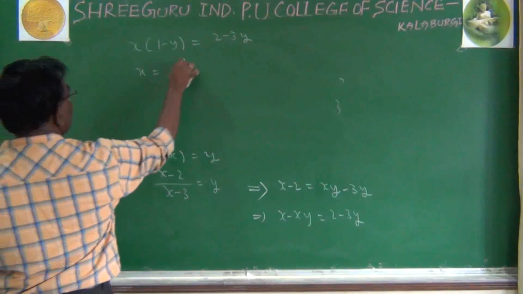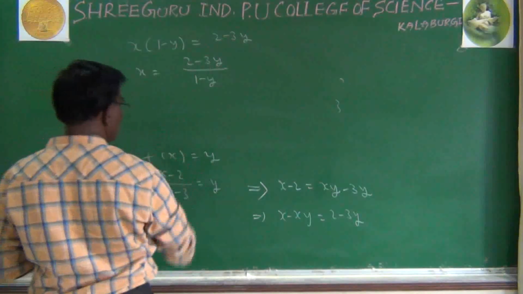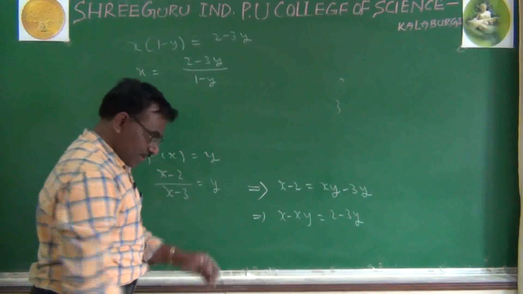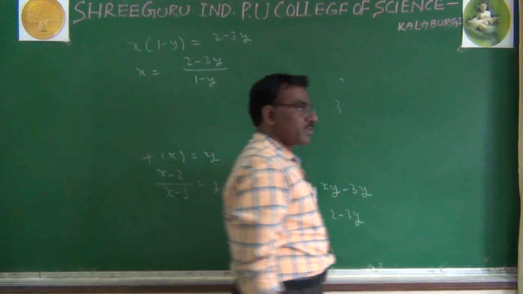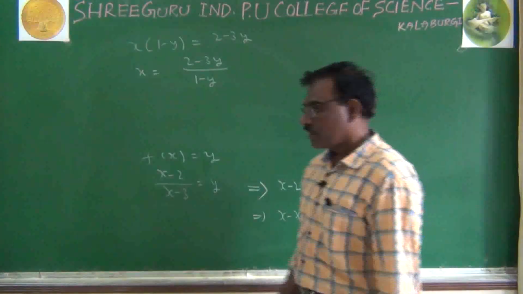So x equals 2 minus 3y by 1 minus y. So you got the x value as 2 minus 3y by 1 minus y.